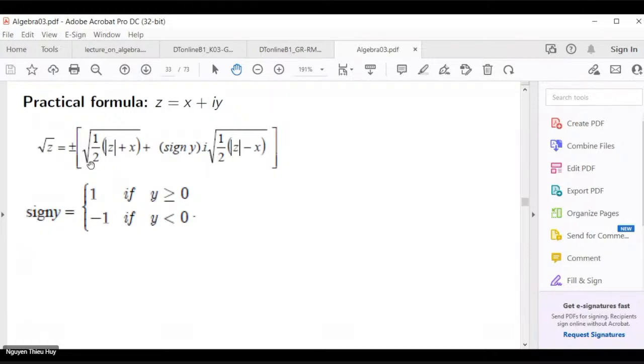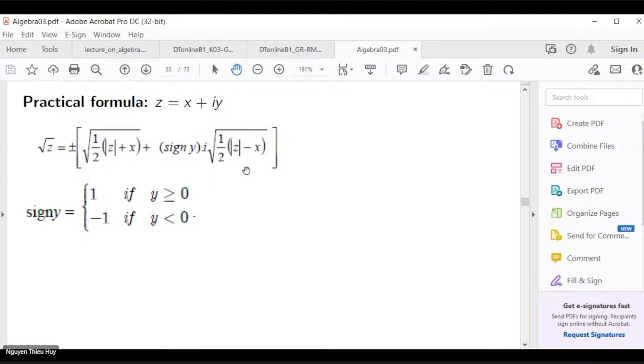The first value w we can compute by the square root of 1/2 of (modulus of z plus x), plus psi of y multiplied by i multiplied by the square root of 1/2 of (modulus of z minus x), where the psi function is 1 if y is greater than 0 and minus 1 if y is less than 0. This is a practical formula. You can compute the square root of z directly.